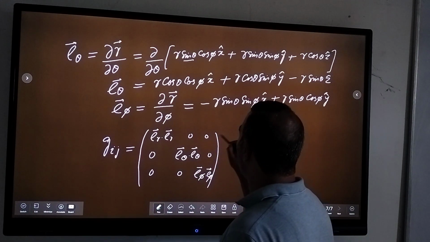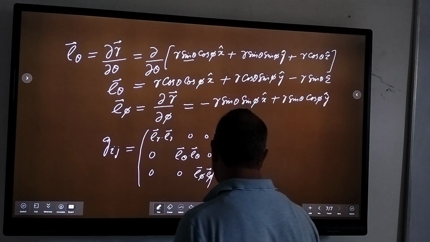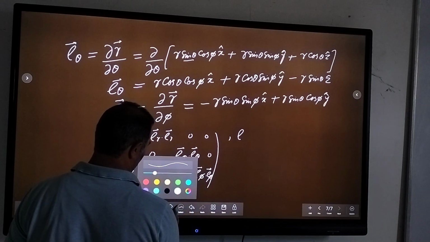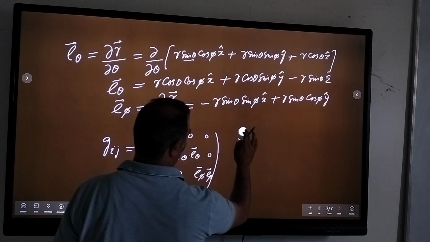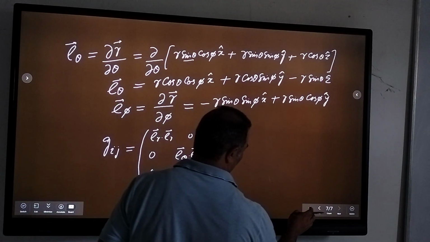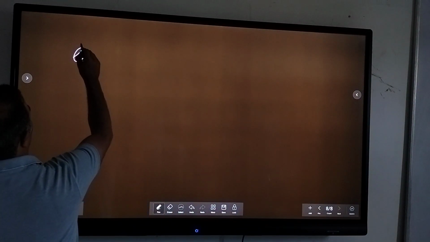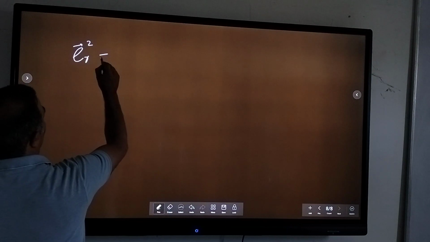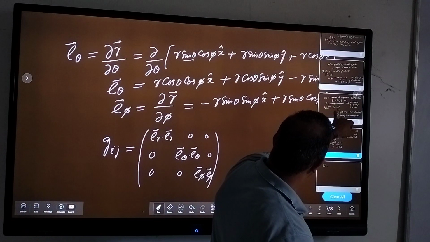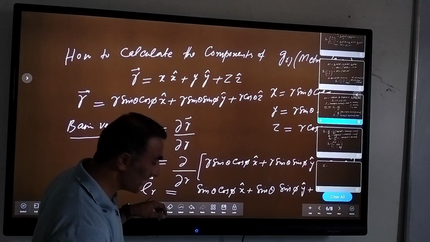So if I calculate now, what's our E_r here? Okay, so let me write it here. E_r square will be equal to, we have already calculated what's our E_r from here. So E_r square, you need to multiply E_r dot E_r.